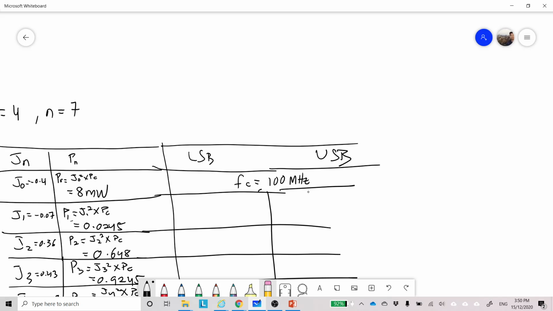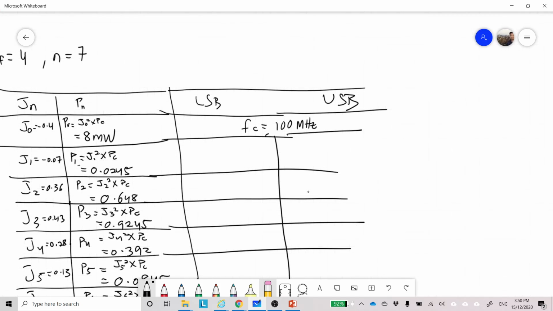And then J1 berada pada, so untuk LSB adalah FC minus FM. Ini berapa? So FC adalah 100 mega dan dia punya ni adalah 10. So ni macam tadi juga. So 99.8.